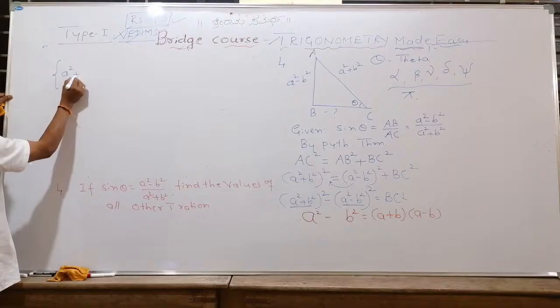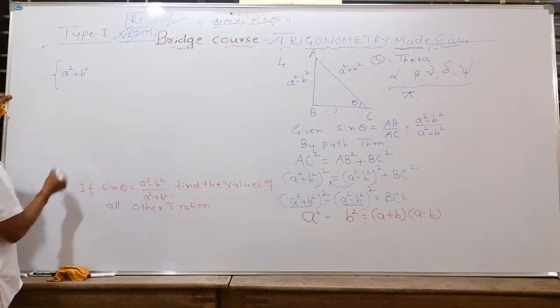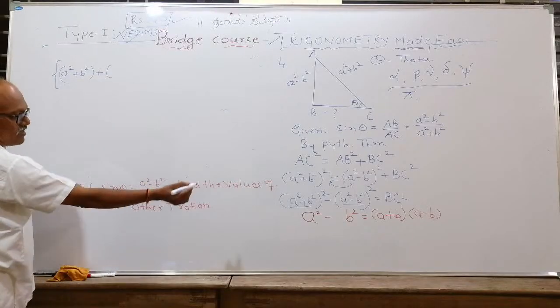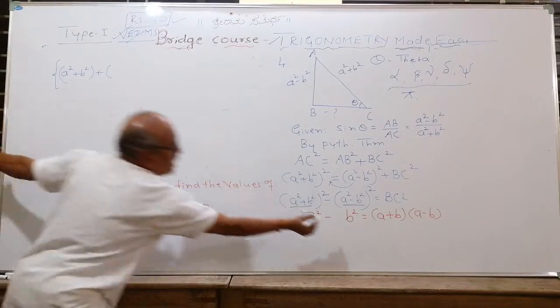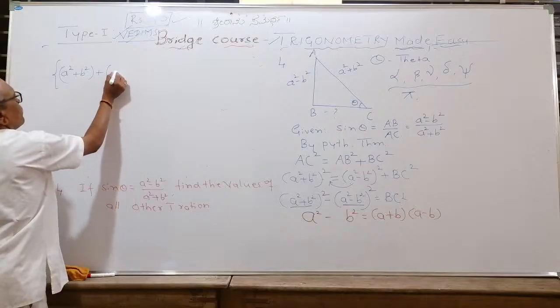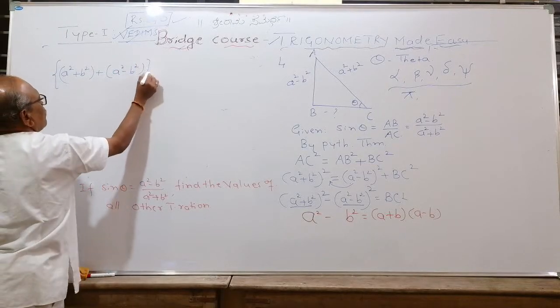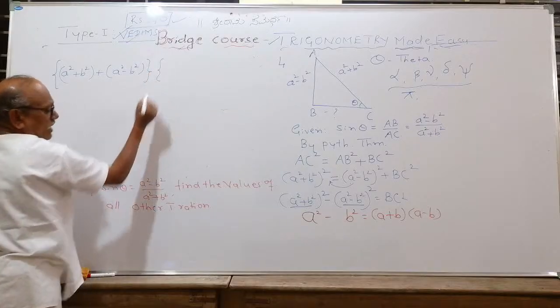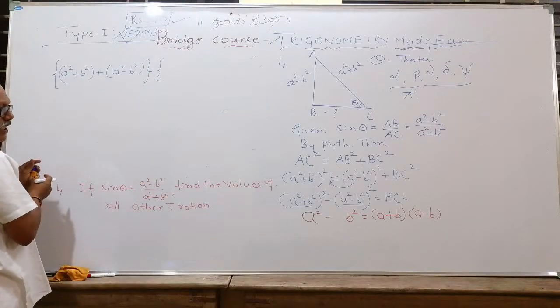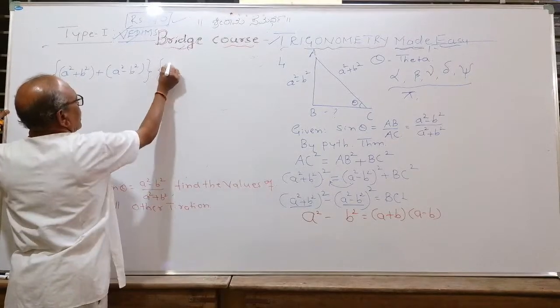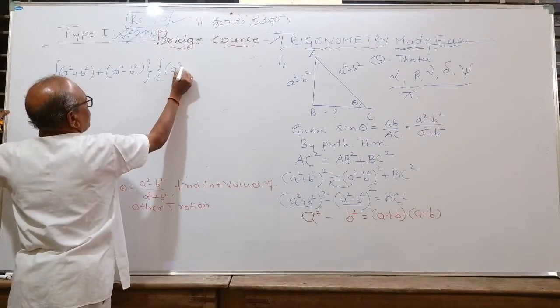a square plus b square is A. I'll put it in a bracket. Plus, what is B? B is a square minus b square. A plus B, a square minus b square. I will write the flower bracket. Then into A minus B. What is A minus B? I will write in the bracket a square plus b square.